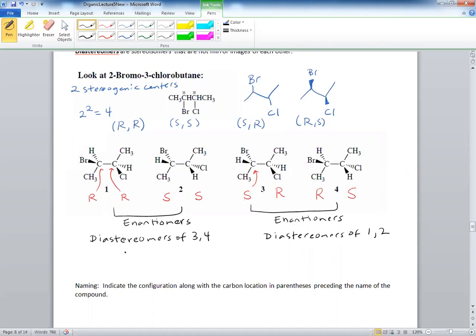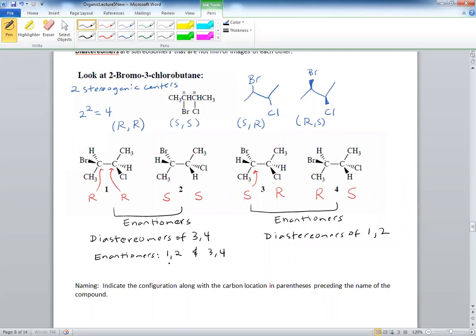So we always summarize, we always say that the enantiomers are 1 and 2 and 3 and 4.